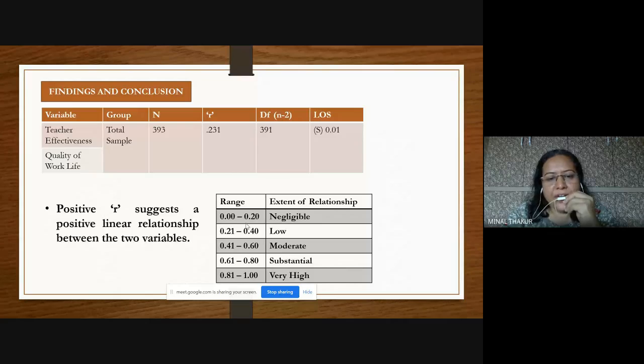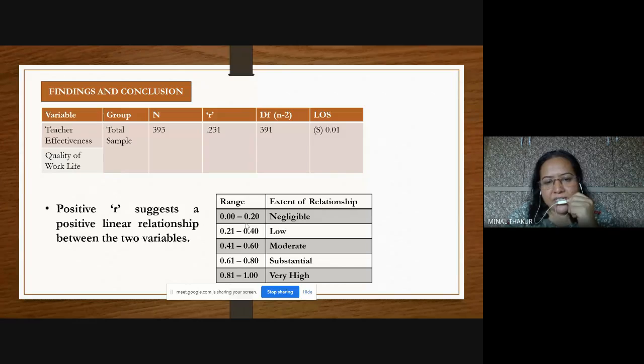What you need to understand is that this R is significant at 0.01 level, which means there is only 1% chance that there may be no relationship between these two variables, that is teacher effectiveness and quality of work life. It means that 99 times out of 100 you are going to get the same result.